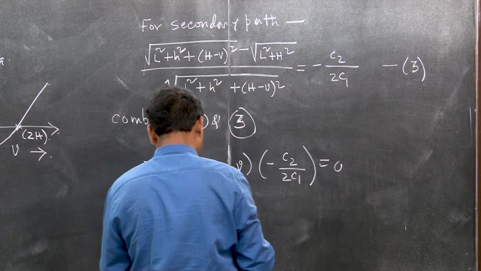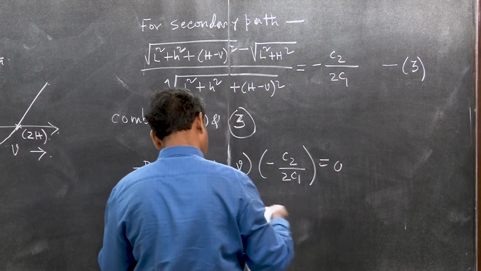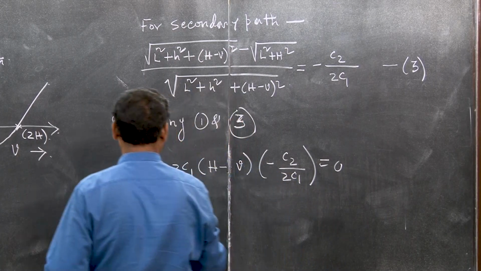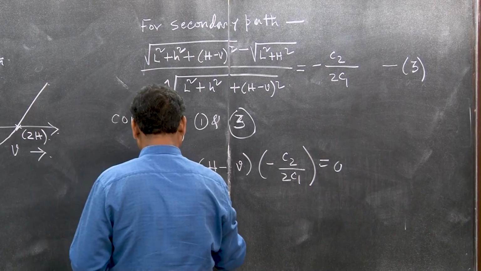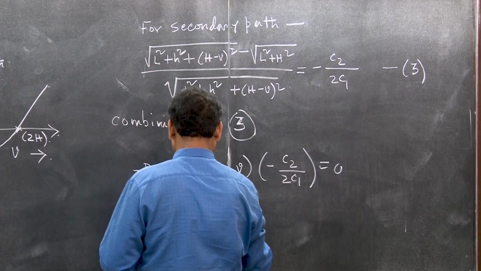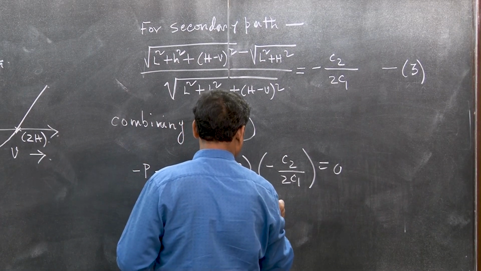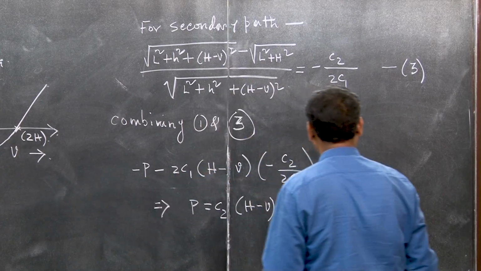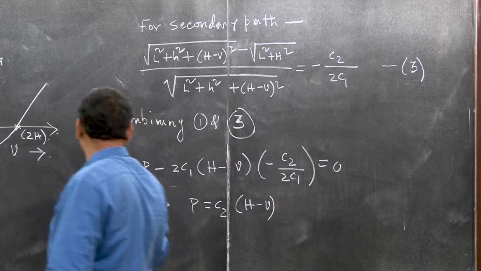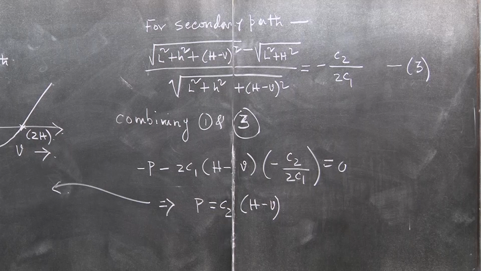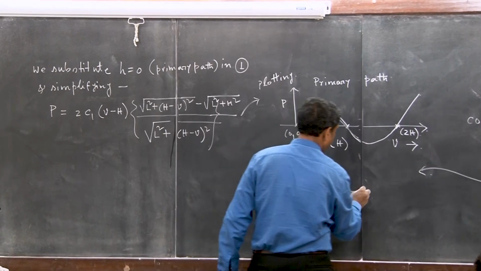Okay. You please check it, but I hope that we are doing correct. So, from here you will get P is equal to C2 into capital H minus V. You see that? Now we are going to plot this one. So, if we plot, how does it look?